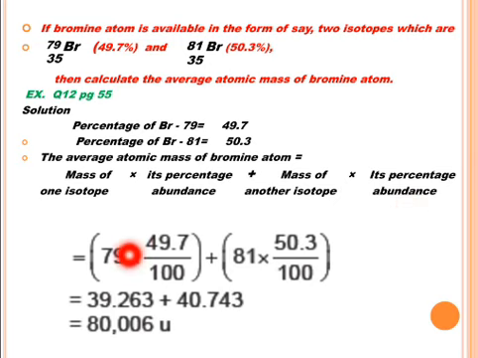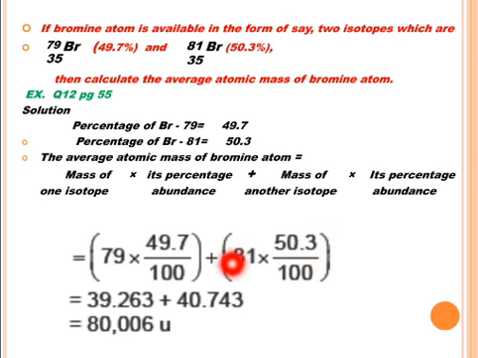Let us see by putting the value of mass of one isotope of bromine, that is 79, and multiplying it with its percentage in nature 49.7 divided by 100, then adding the multiplication of the atomic mass of another isotope of bromine, that is 81, with its percentage in nature, that is 50.3 divided by 100.